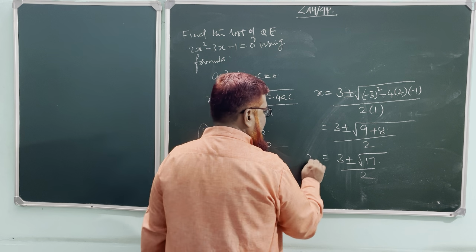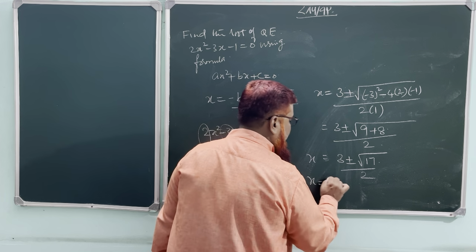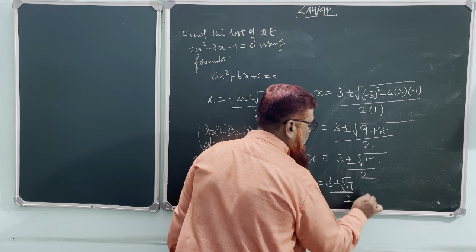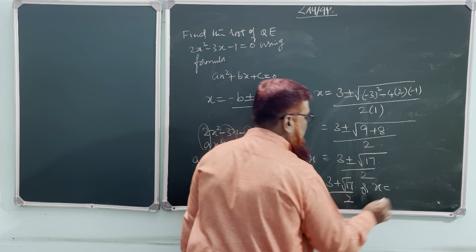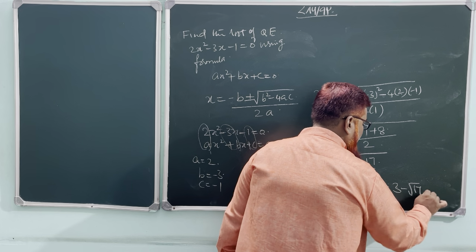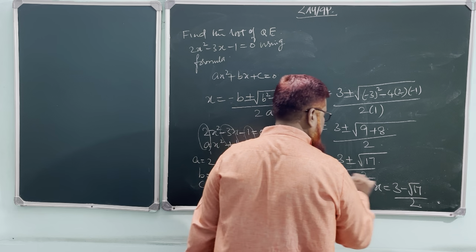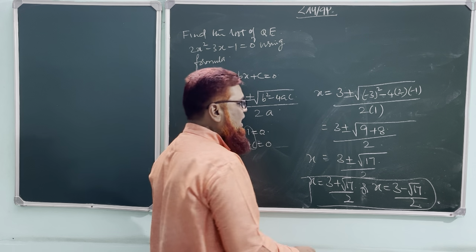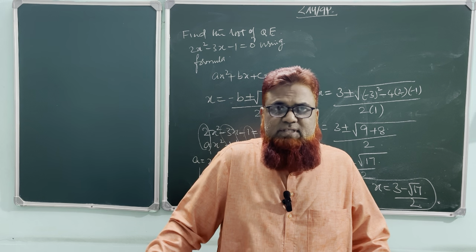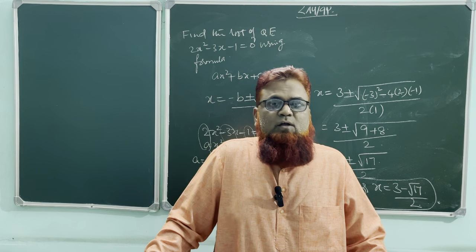We split it as x is equal to 3 plus root 17 by 2, or x is equal to 3 minus root 17 by 2. So we have the two roots of the quadratic equation. In this way, we can find the roots of the equation using the formula.